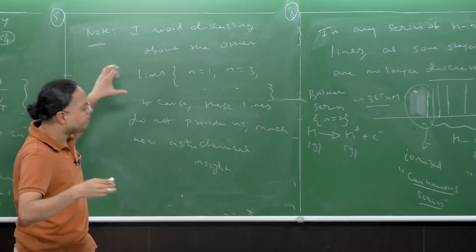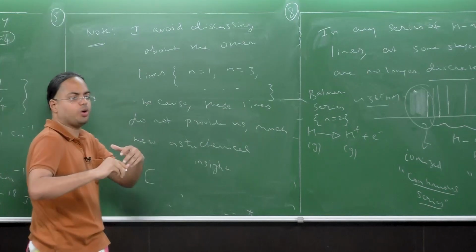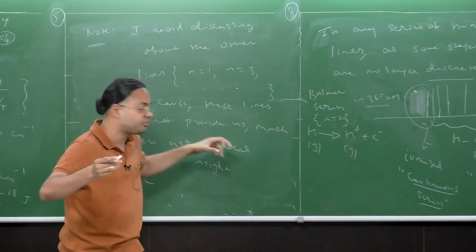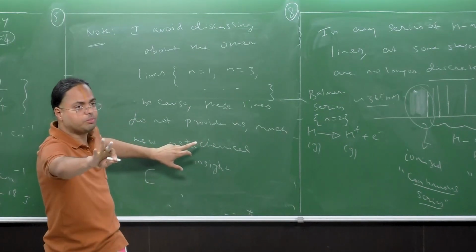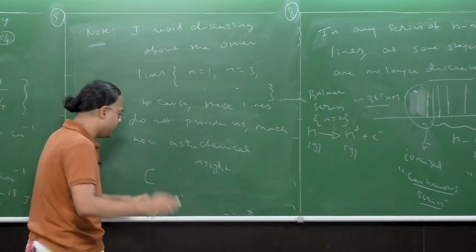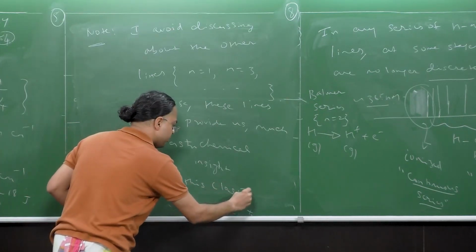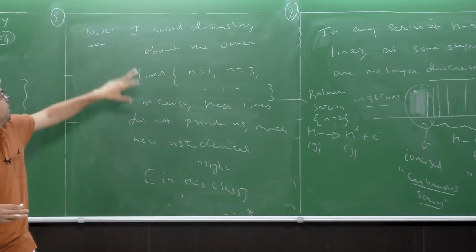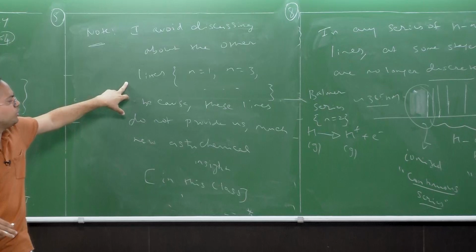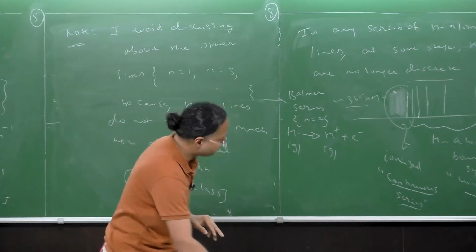And in our particular context, in this class, of course, if you work on astronomy and astrophysics and astrochemistry as a research topic, maybe at that level there could be some astrochemical insight. But at our level in this class, we're not going to be getting too much new information by studying the other lines also. That's why I limit my discussion to the Balmer series alone. Okay, please note this. All right.